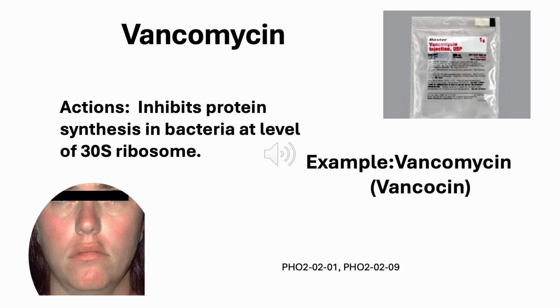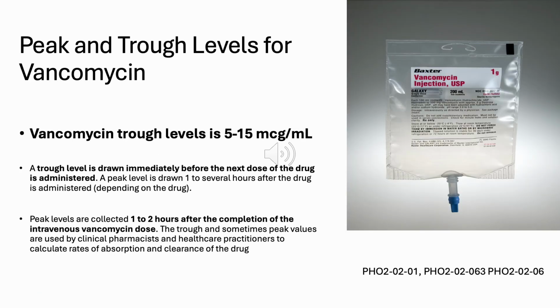Vancomycin inhibits the protein synthesis in bacteria at the level of the 30S ribosome. An example of this drug is vancomycin, also known as Vancocin. Vancomycin is a very harsh drug.